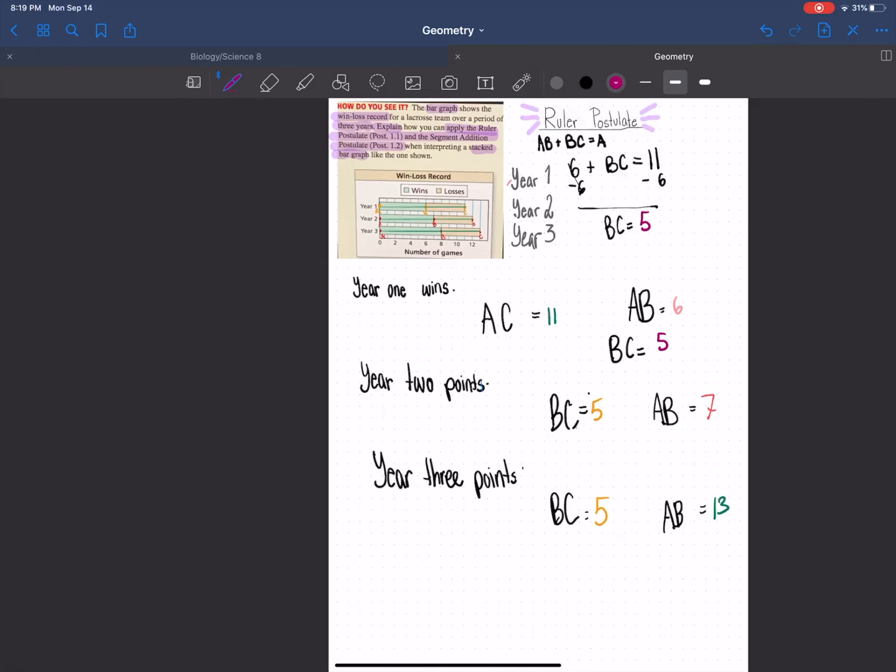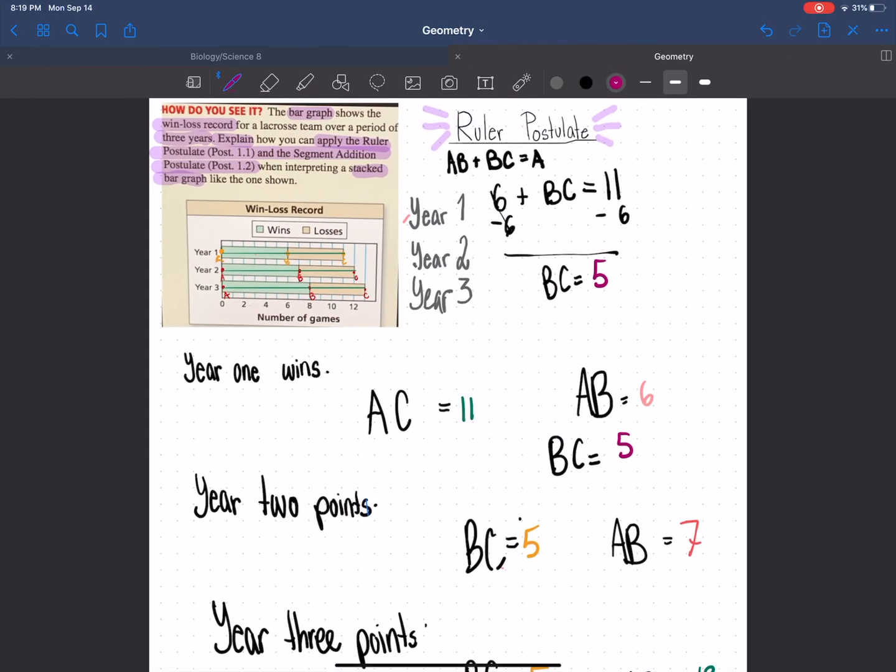Okay, now we can do the same thing for the next one. And essentially what the segment addition postulate is saying is that AB and BC is equivalent to AC.